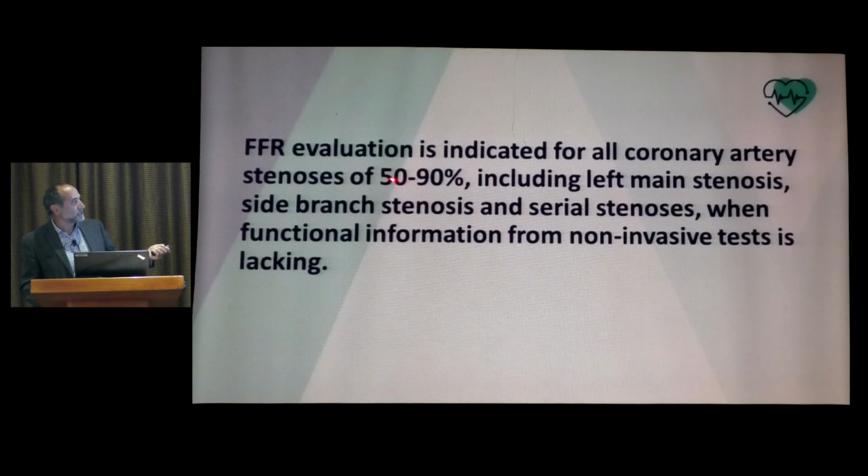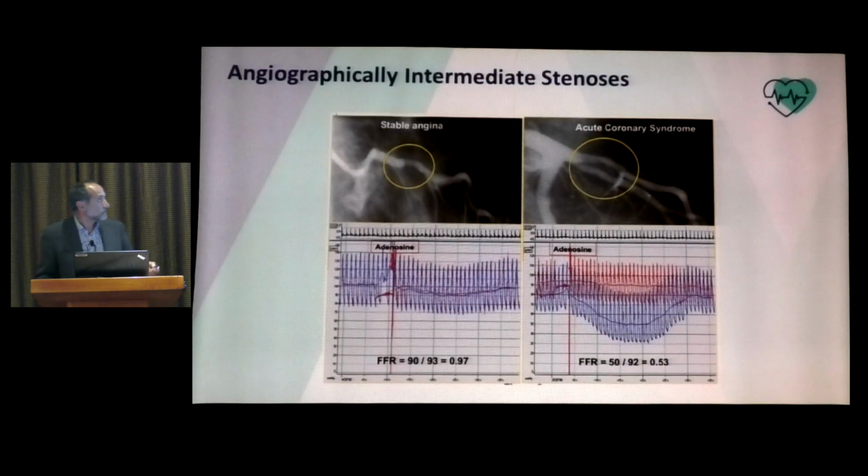But any lesion that is 50 to 90%, before you make a decision to implant a stent or leave this patient alone, needs to be assessed. If a lesion is more than 90%, then you can go ahead and implant your stent without doing any functional assessments. And lesions that are less than 50% by visual inspection on a coronary angiogram, you can leave these patients safely alone.